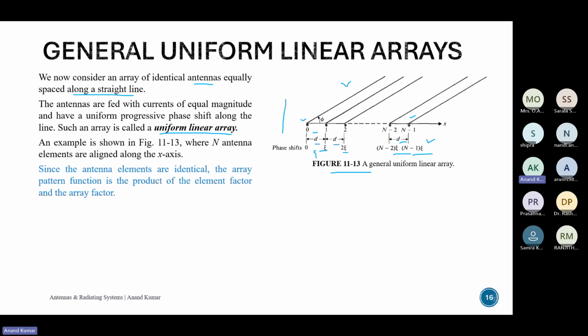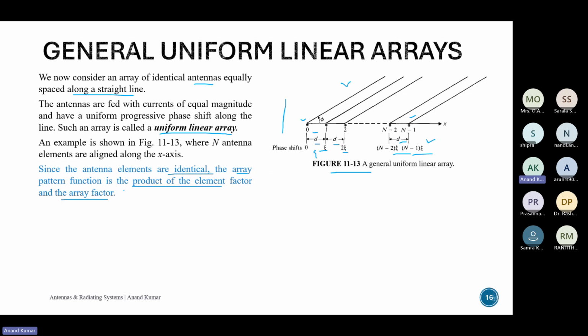Since the antenna elements are identical, the array pattern is a product of the element factor and the array factor. From the previous discussion, all these elements are identical, so each of them will have the same pattern function individually.